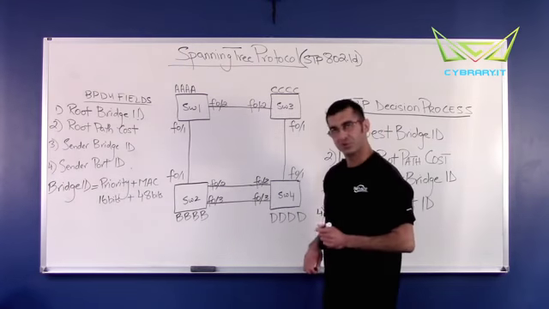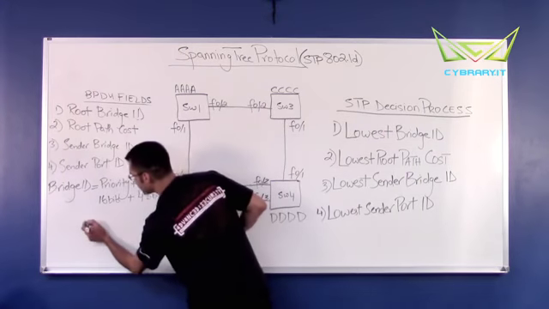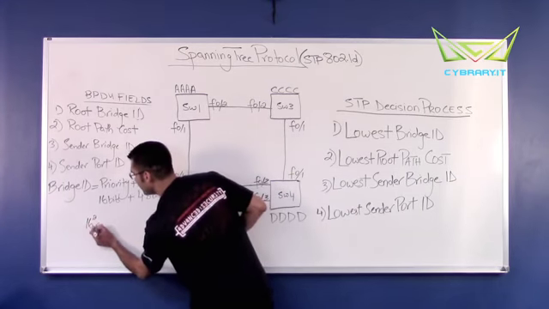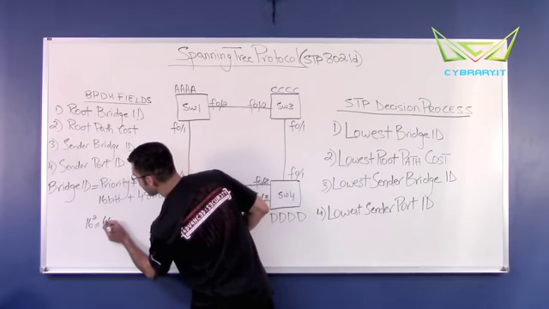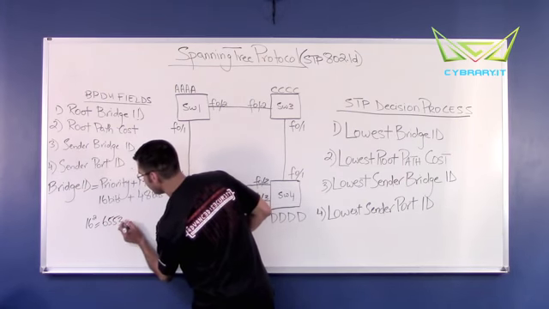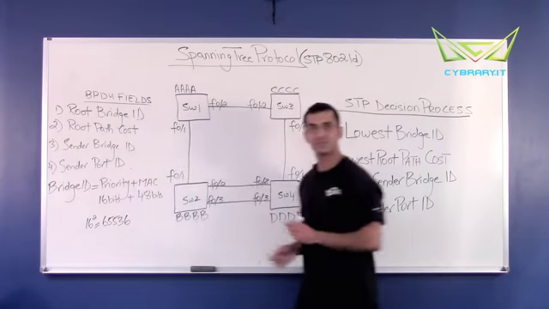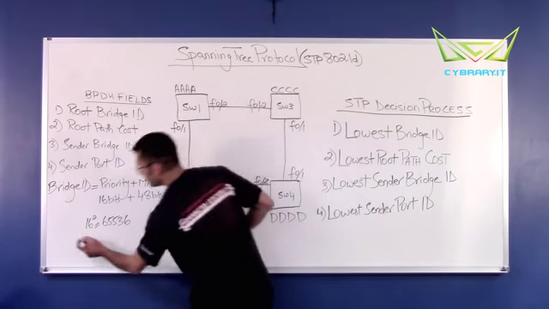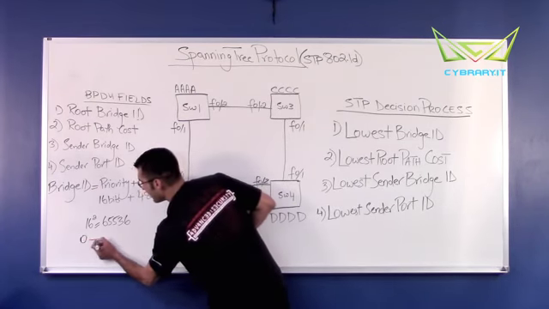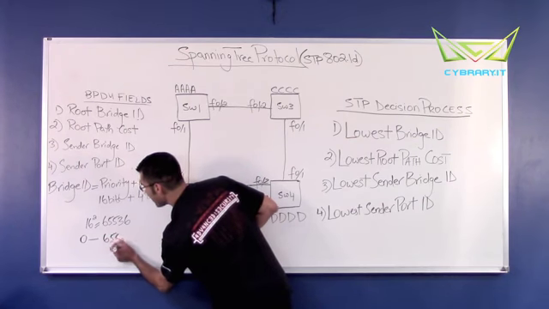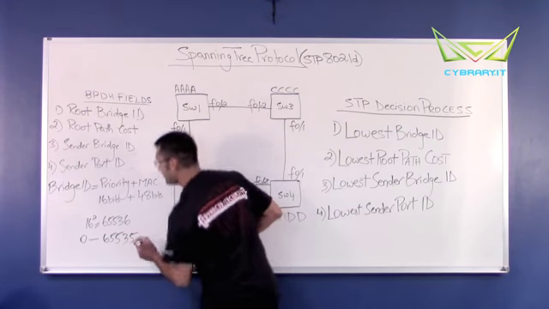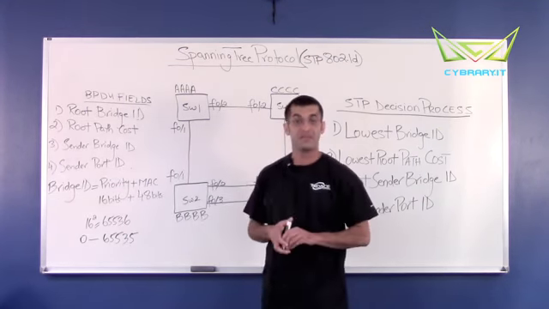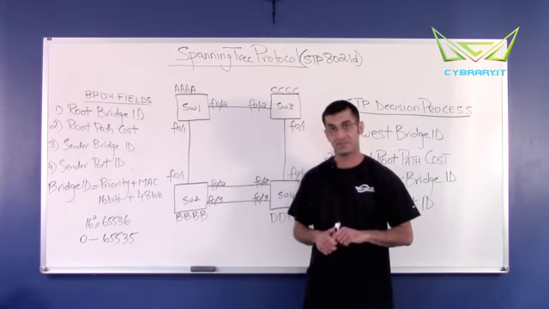16 to the power 2, so 16 to the power 2 is 65,536. Okay? The priority field can range between 0 and 65,535, which with 0 inclusive makes 65,536.